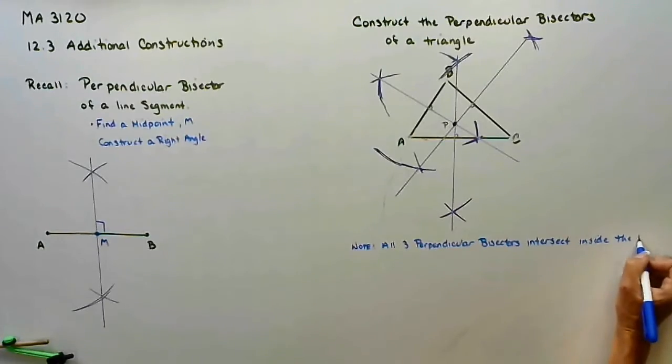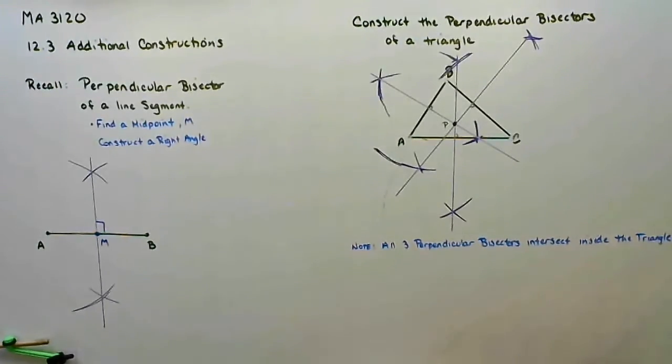In this case, because it's an acute triangle. We may end up seeing what happens if it's not acute. So that point of concurrency is inside. We will always have a point of concurrency.